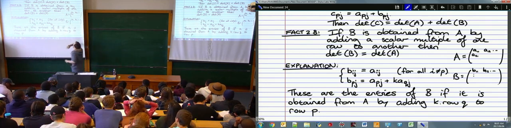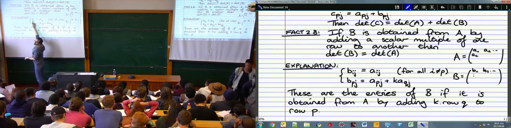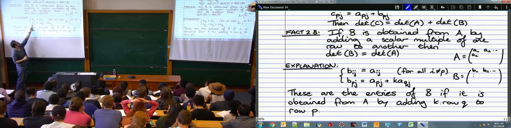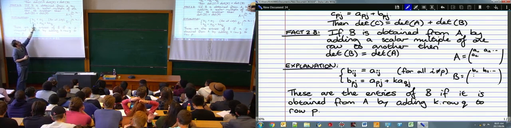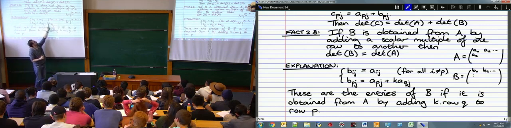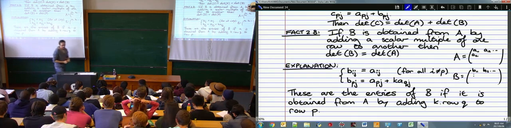So if you're not in row P, then the entries in the matrix B and the entries in the matrix A are exactly the same. If you are in row P, then the entries in the matrix B were just the original entries in that row plus the entries from the qth row scaled by k. Okay, so that's what's going on over here.